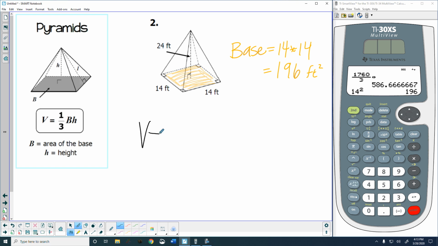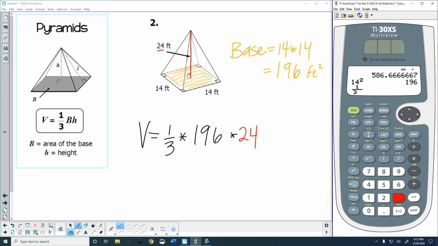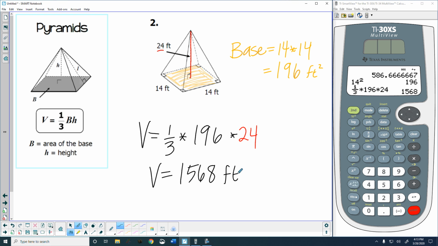Now to calculate the volume, 1/3 times the base, 196, times the height of the pyramid, which is 24 feet. Our volume is a nice, pretty 1568, no decimal there, and that will be feet to the 3rd power, cubic feet.